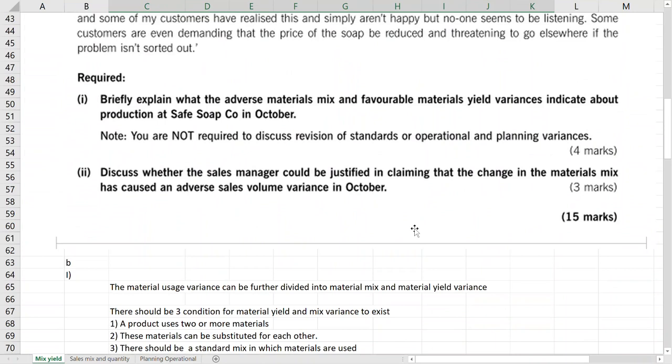Now, discuss whether the sales manager could be justified in claiming that the change in material mix has caused an adverse sales volume variance in October.